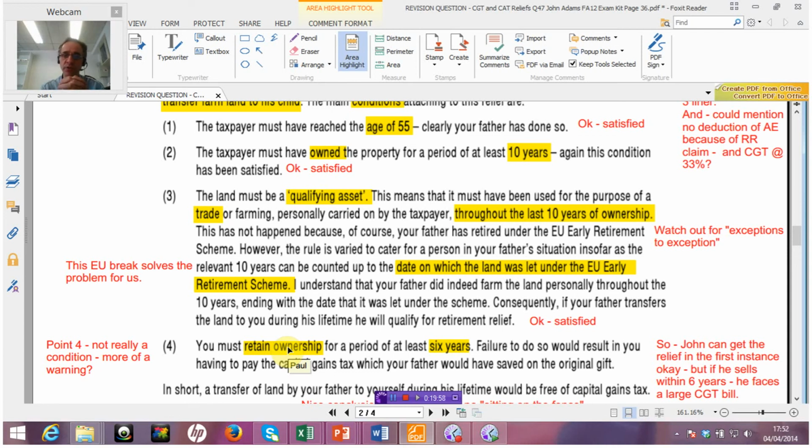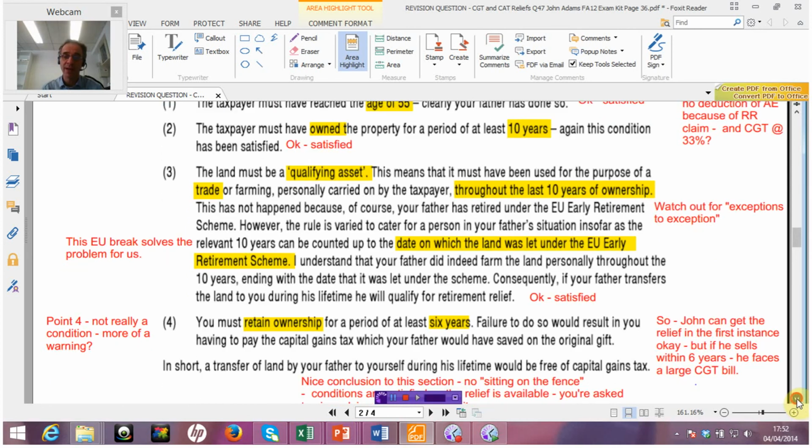Failure to do so will result in CGT being payable. Okay, and that's by John rather than Michael. So in a sense, we're saying, yes, the above 3 conditions are in play, looks as if it would be okay, but just watch out for this 6-year kickback of the CGT, and that would fall obviously on the son rather than the father.